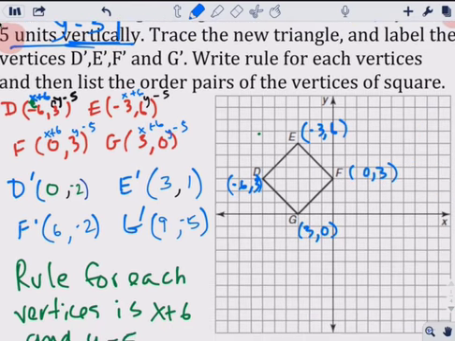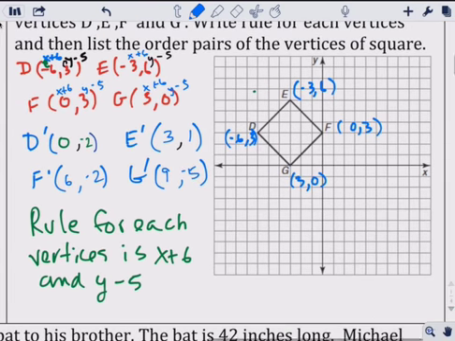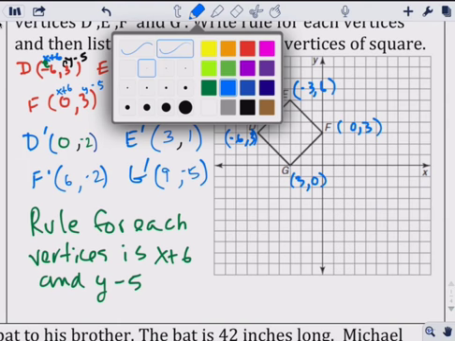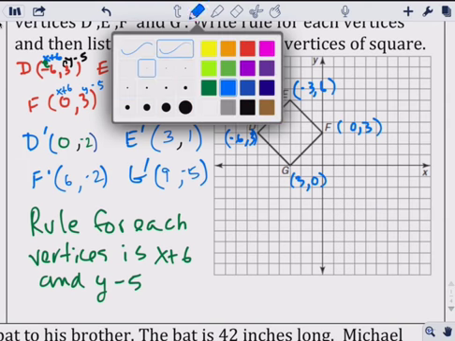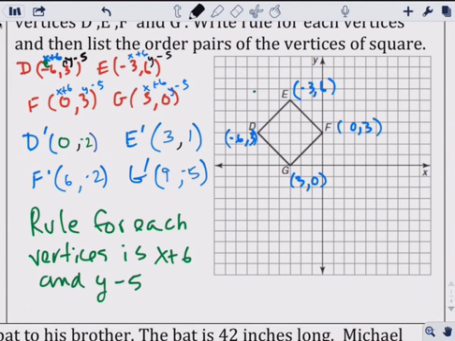Let's see how it looks. Okay, let's do our 0, negative 2. Let's do in black. 0, negative 2 is right there. 3, 1 is right there. And 6, negative 2 is right there.